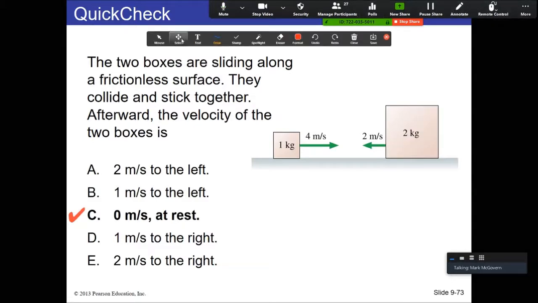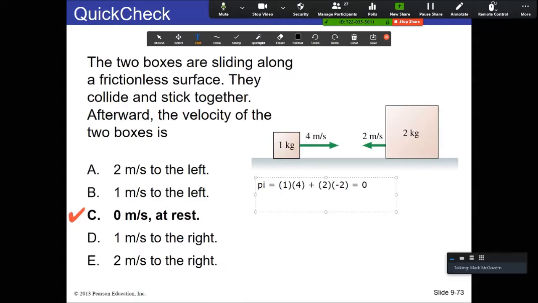Well, let's look at it again. What is the initial momentum of this system? We've got the 1 kilogram block moving at 4 meters per second. We've got our 2 kilogram block moving at -2 meters per second, right? Vector quantities, make sure you put negative signs in there. Well, look at this. 0, right?